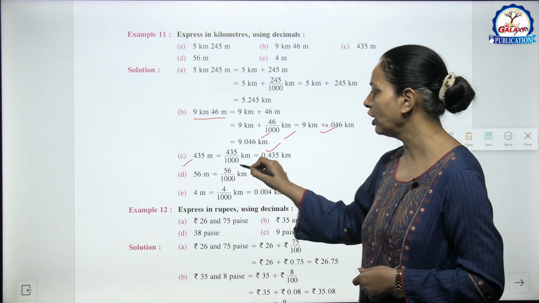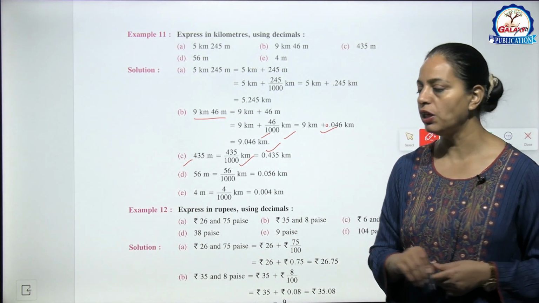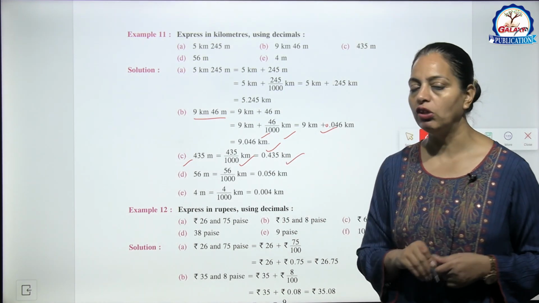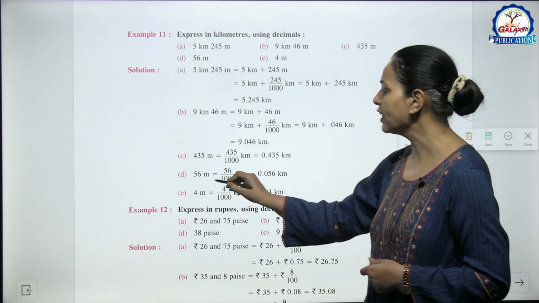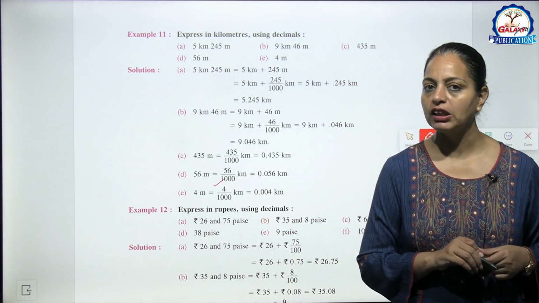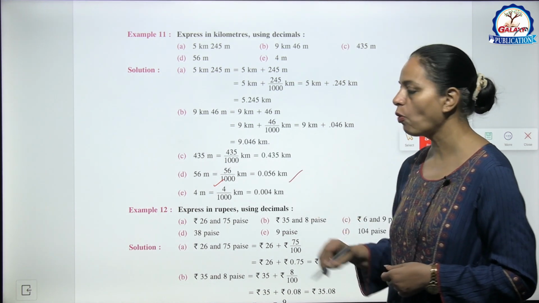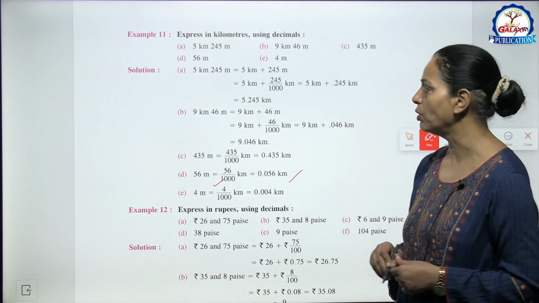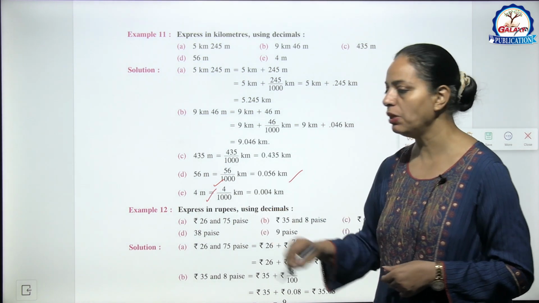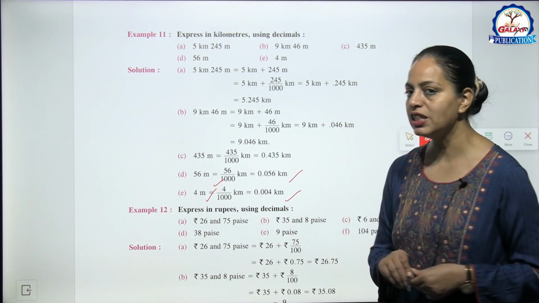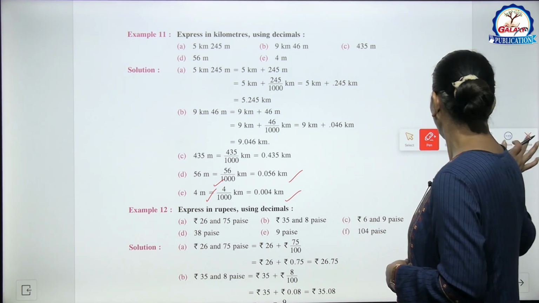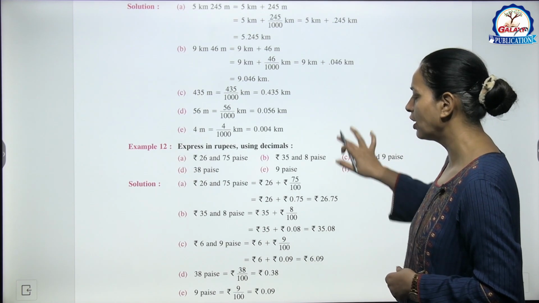So 435 upon 1000 kilometer, 0.435 kilometer. Now D part 56 meter, 56 upon 1000 kilometer, 0.056 kilometer. E part 4 meter, 4 upon 1000 kilometer, so 0.004 kilometer. I hope these are clear to you.